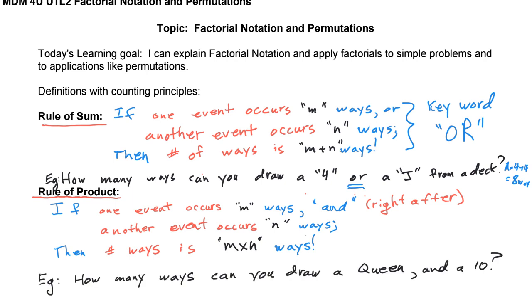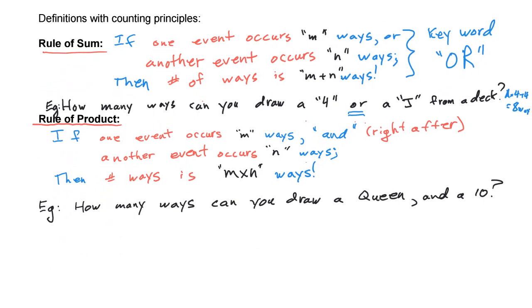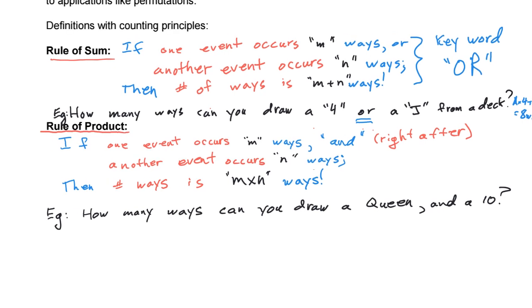So, how many ways can you draw a queen and a 10 from a deck of cards? Okay. Now, you know that in a deck of cards, here is my queen. So it must be a queen, right? And then the next thing that comes up is a 10.